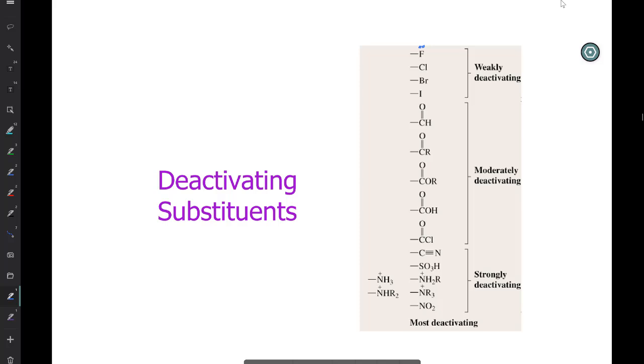Fluorine's orbitals match with carbon's much better than iodine's do, and so while fluorine withdraws inductively, that is through the bond, because of its electronegativity, it donates back efficiently through its lone pair. So it is the least of the deactivating halides on the ring.